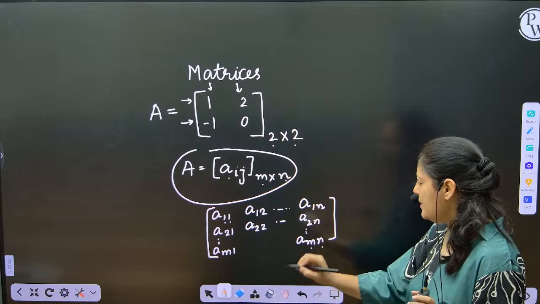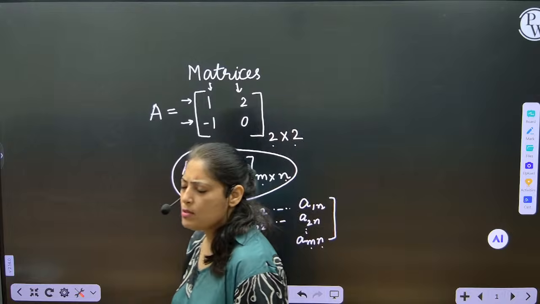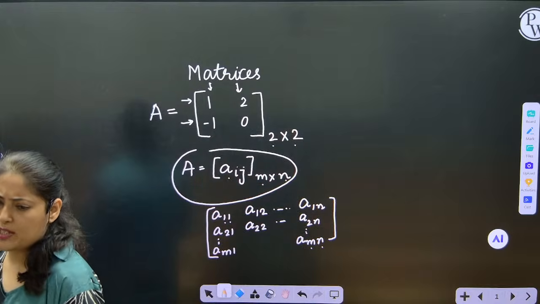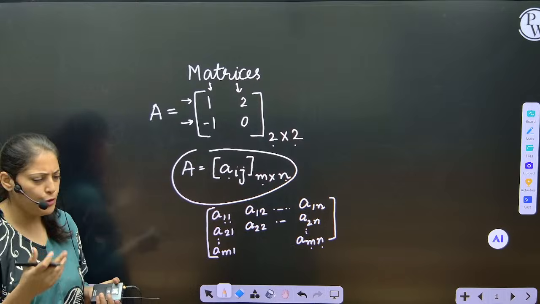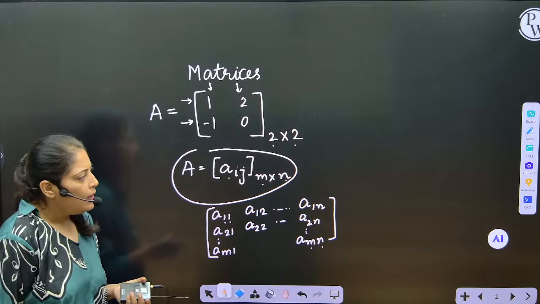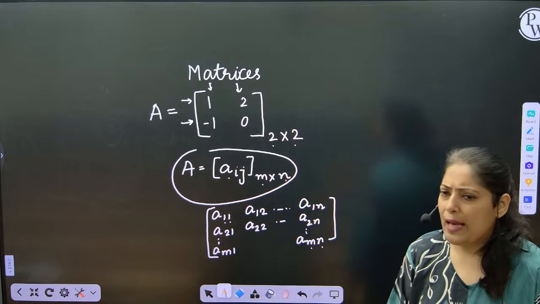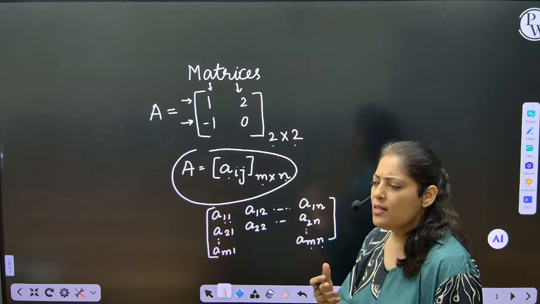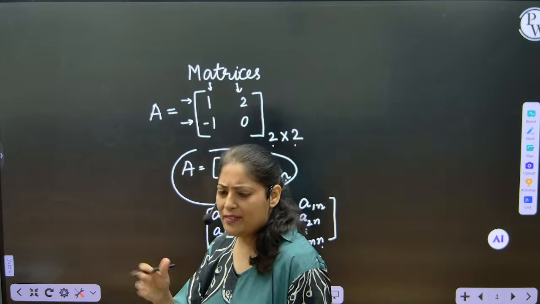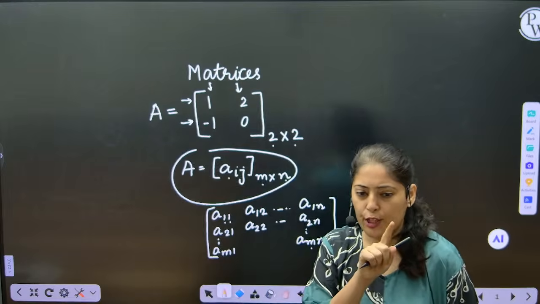This is just a repetition. We'll discuss more things today. It is not only about the representation, how we write the matrix, but of course basic things you should know. And yesterday we did types of matrices also. Many matrices were there: scalar matrix, diagonal matrix, identity matrix, and yes, identity matrix is also known as unit matrix.